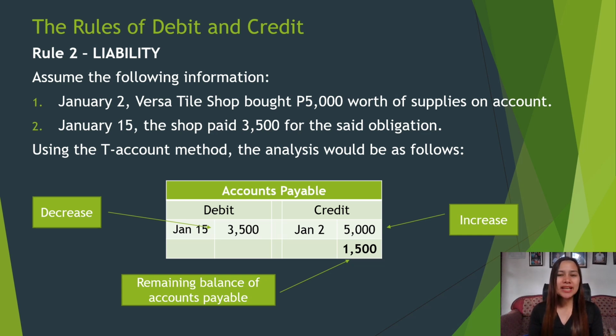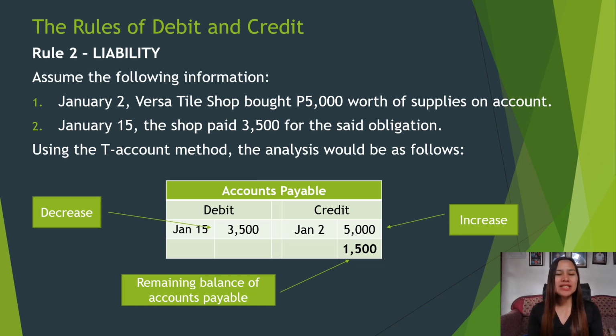So, as an accountant, you have to record 5,000 worth of supplies under accounts payable account. So, that is a liability. It means there is an increase in liability account. So, you have to credit 5,000 worth of supplies on January 2.